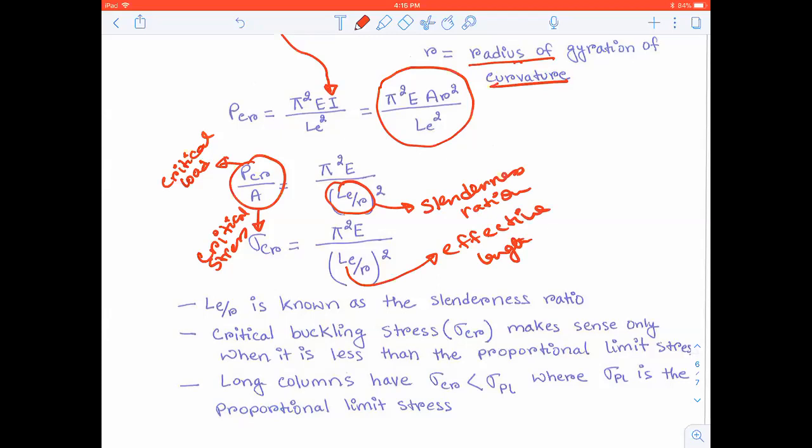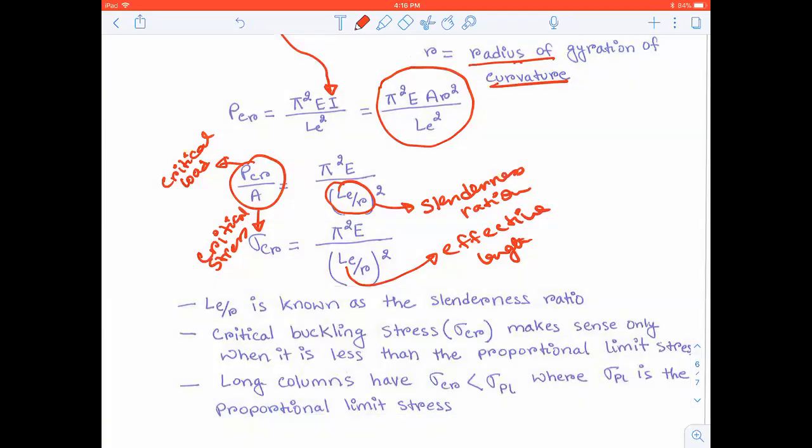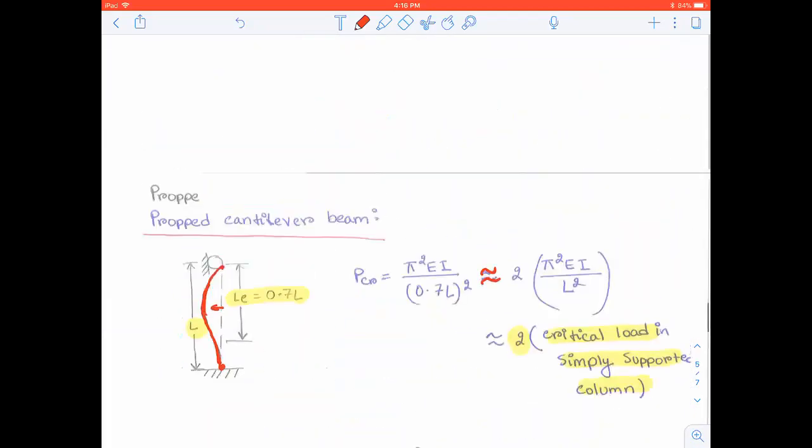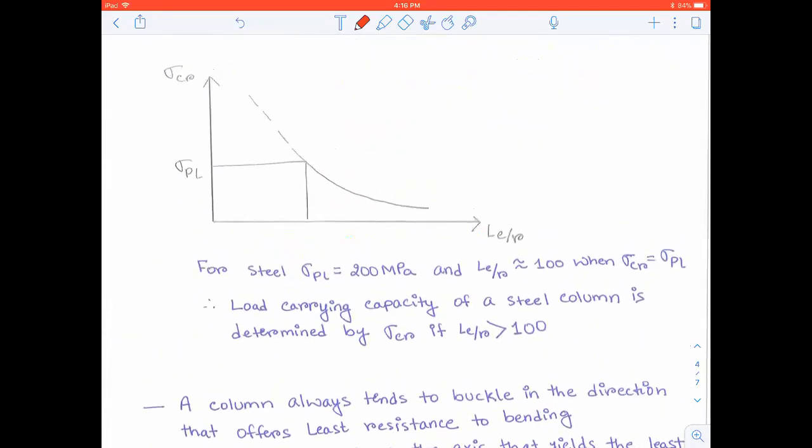So if you were to draw, for steel, for example, critical stress versus slenderness ratio, just like what I have here, you will see that somewhere around a slenderness ratio of 100.